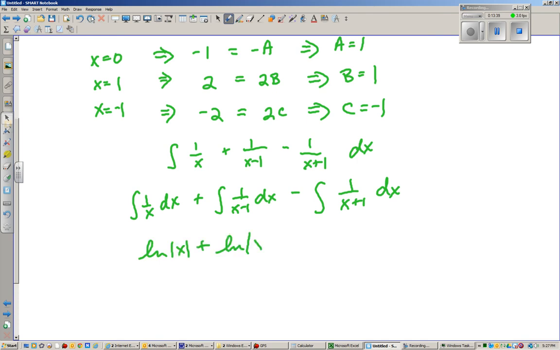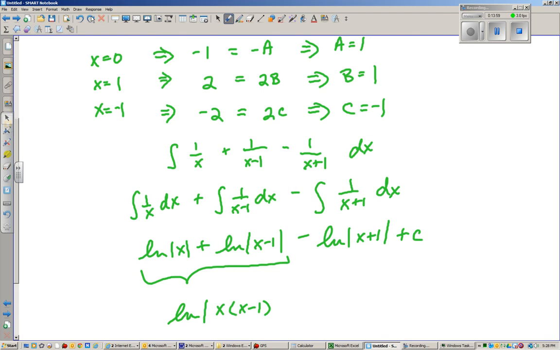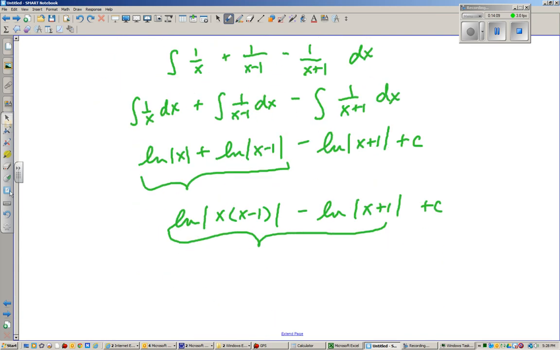Natural log of the absolute value of x, natural log of the absolute value of x minus 1, and minus the natural log of the absolute value of x plus 1 plus c, of course. We can combine those first two into a single log, the absolute value of x times x minus 1, and then we're still left with the natural log of x plus 1 plus the c, but now we can combine those two again, and now it's going to be the natural log of one over the other, right?